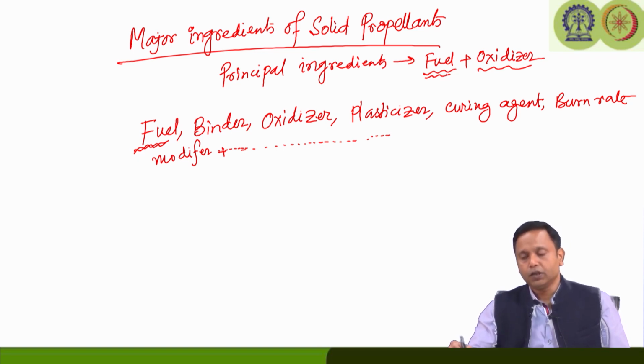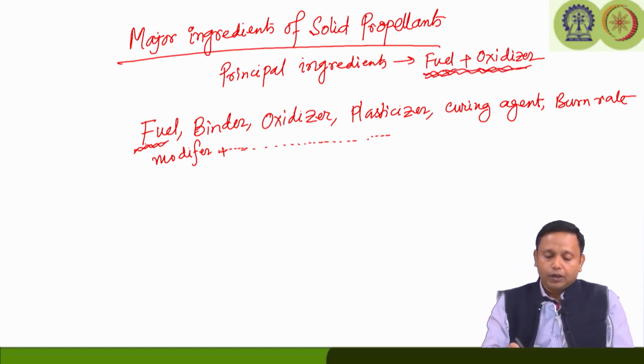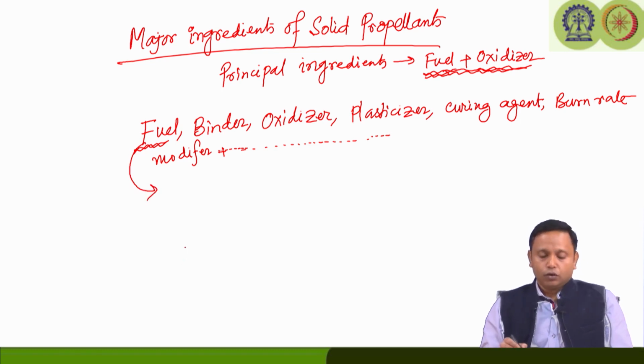The binder also acts as fuel, just because the polymer is a hydrocarbon, so it will eventually burn. If we do not have any other metallic ingredients, and just have polymeric binder plus oxidizer, then the polymeric binder is nothing but a fuel. The principal ingredients we must have are the fuel and oxidizer. Now, once we say fuel categorically, we are talking about various metallic fuels.